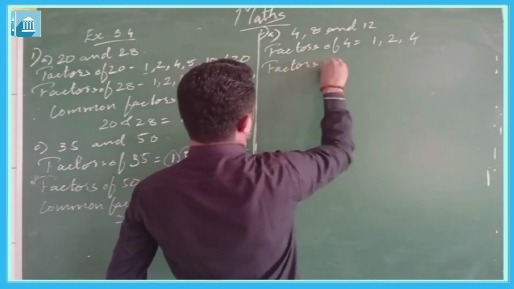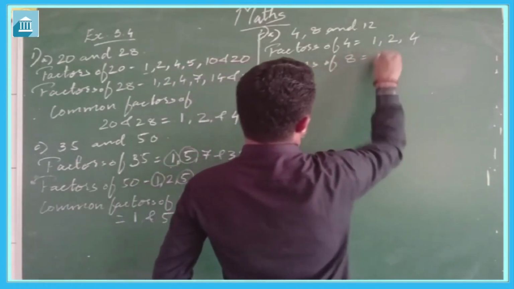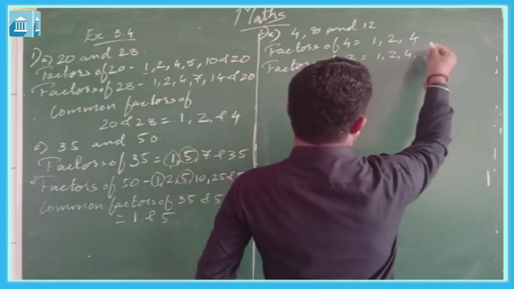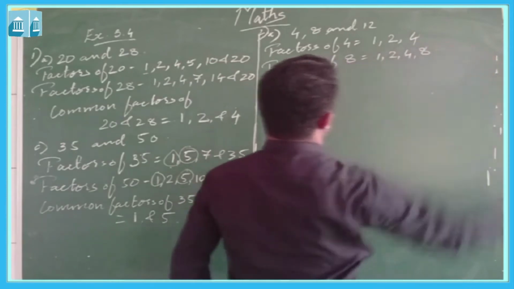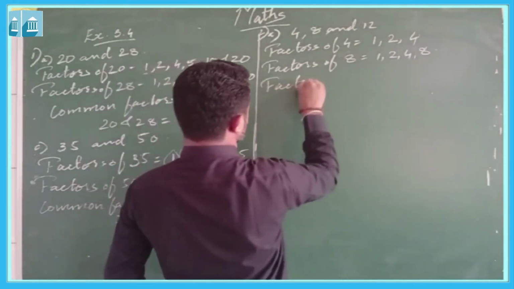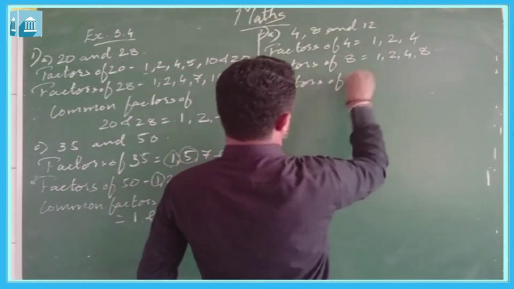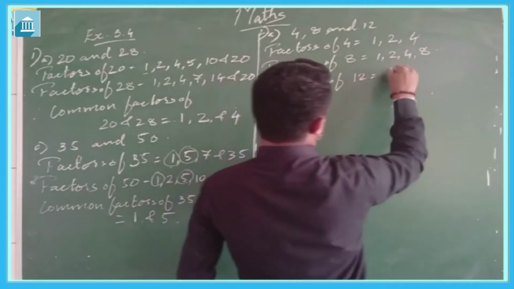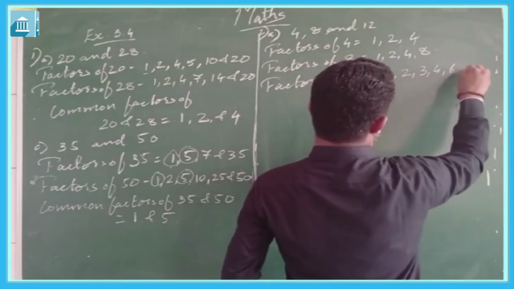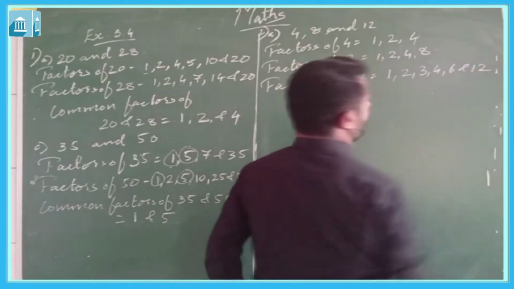Factors of 8 are 1, 2, 4 and 8. Factors of 12 are 1, 2, 3, 4, 6 and 12.